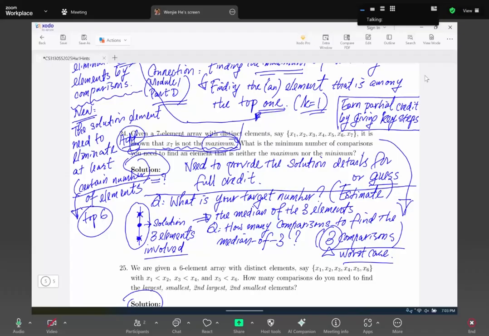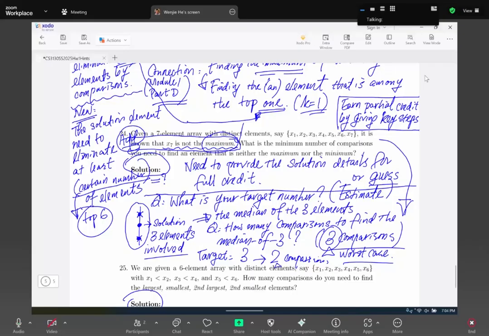So that means our target. So now I can talk about a target. Target, reduce 3 to 2 comparisons.